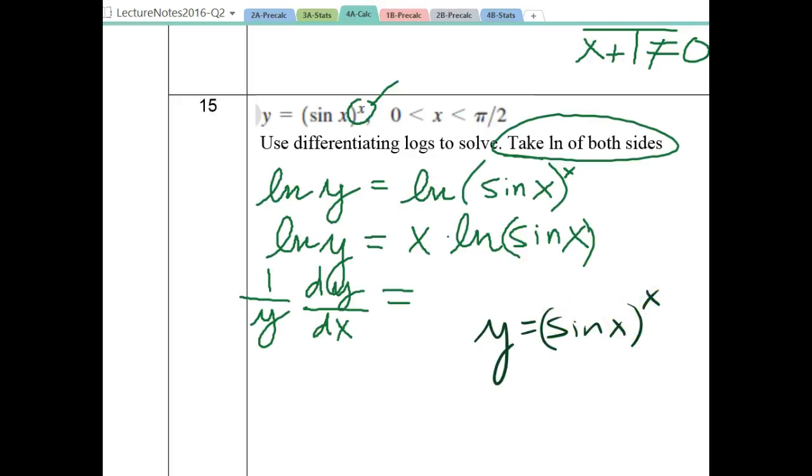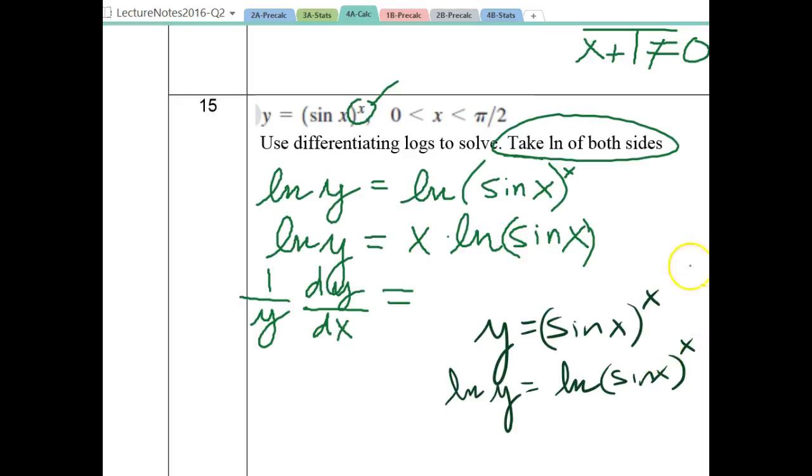Now I know that I'm going to use differentiation with logarithms here because my exponent involves the variable and the base is not e. So I need to get this variable exponent out of the exponent. The trick here is we're going to take the natural log of both sides.